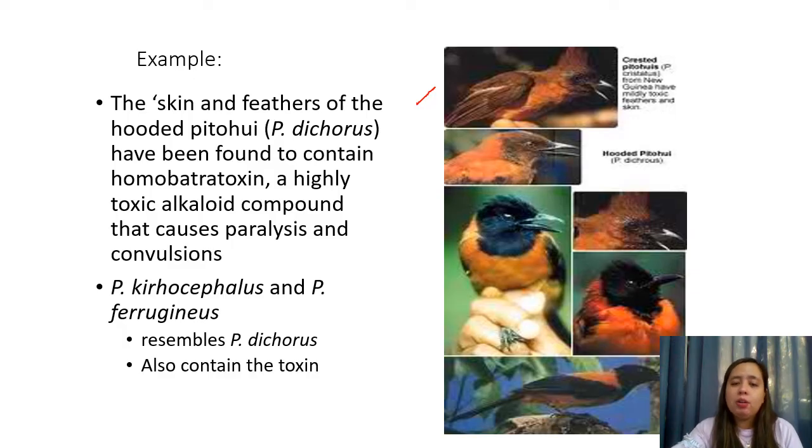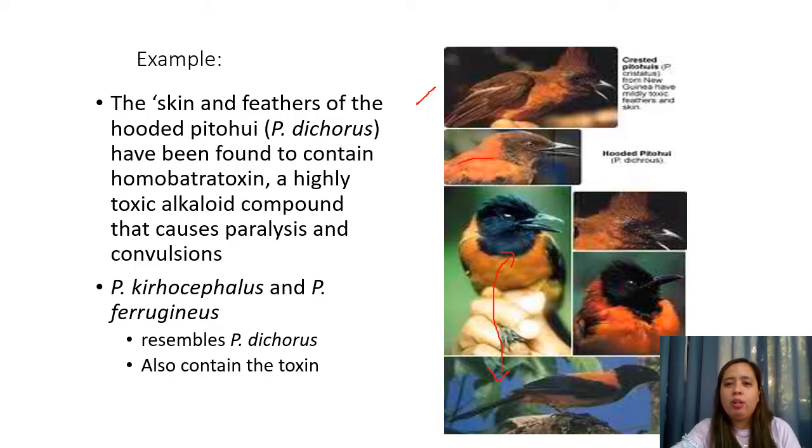We have the kirhocephalus, and then the ferrugineus, meaning ferruginous, the color of copper, like iron oxide, like this brown one. We have the dichrous, these two are the famous ones. There. I think this is also dichrous in here.